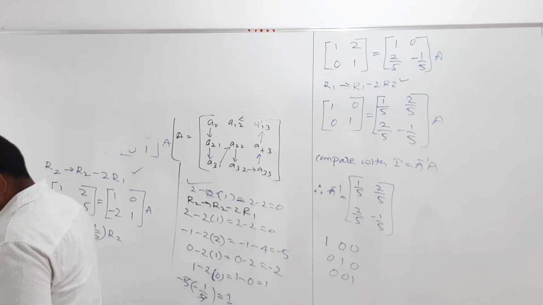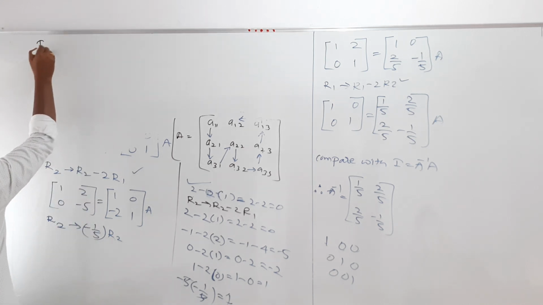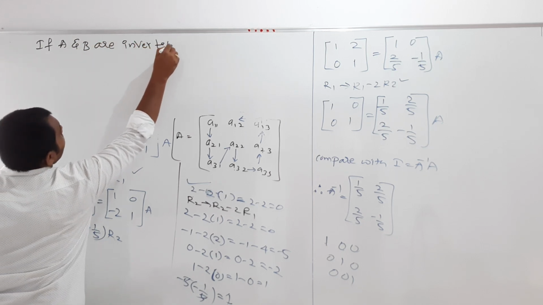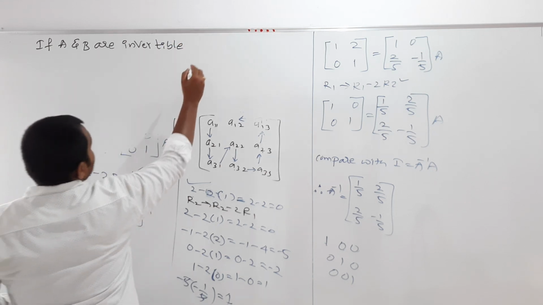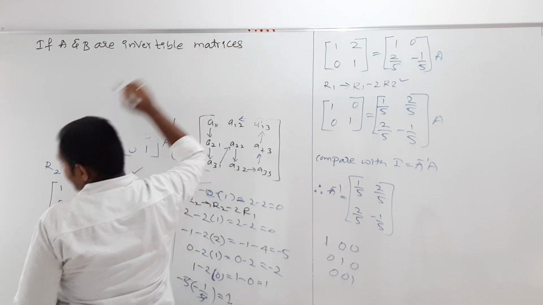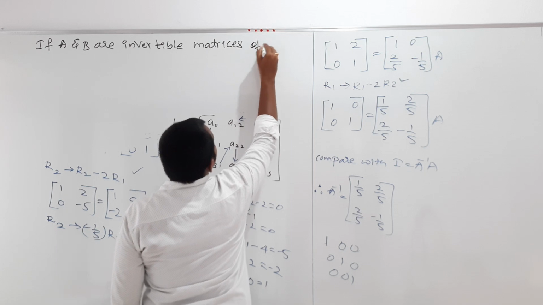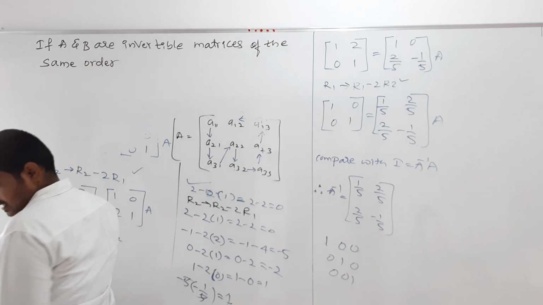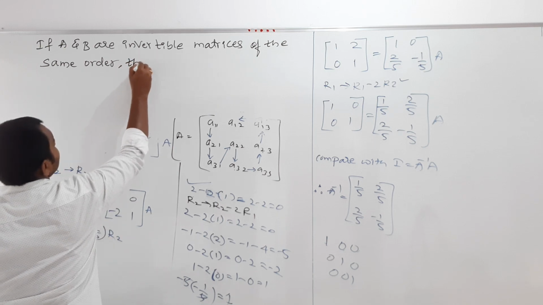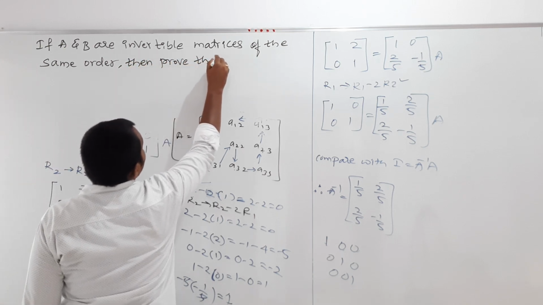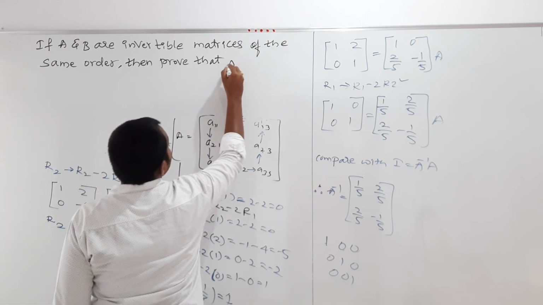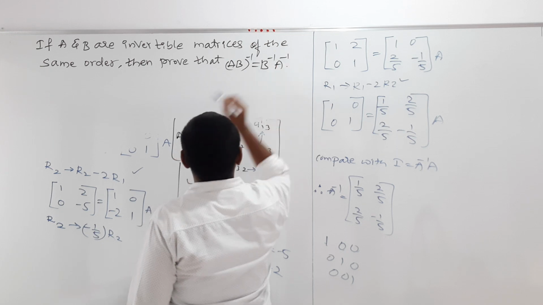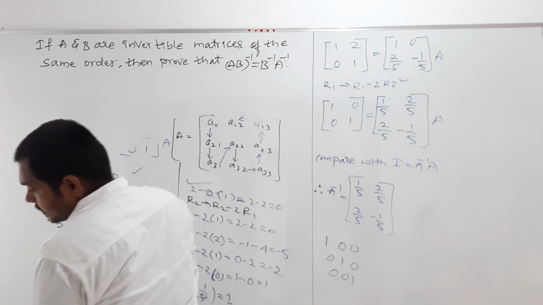So the question is here, my dear students: if A and B are invertible matrices of the same order, then prove that (AB) whole inverse is equal to B inverse into A inverse. So this is the question, my dear students.